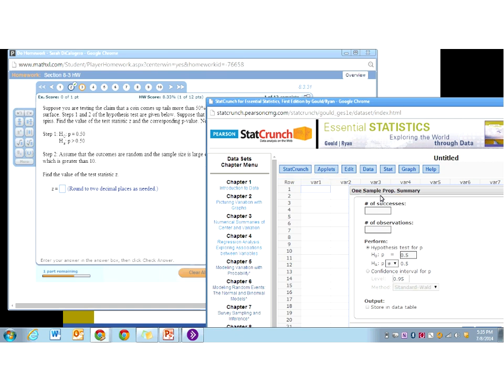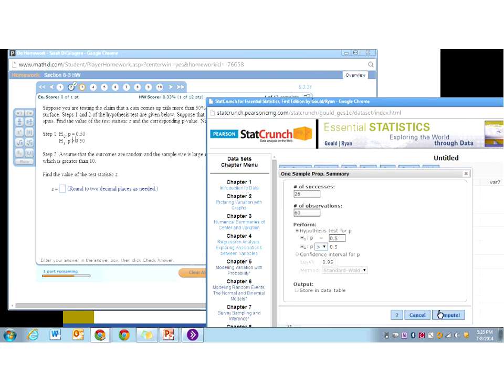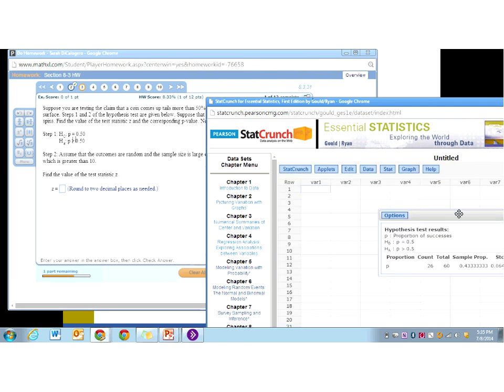It's off the screen, but it'll be here. All right, so we had 26 out of 60. Okay. Our H0 is P is equal to 0.5, and our alternative is that it's greater than 0.5. I don't think that's happening here because 26 is definitely less than half. 26 out of 60. Compute.